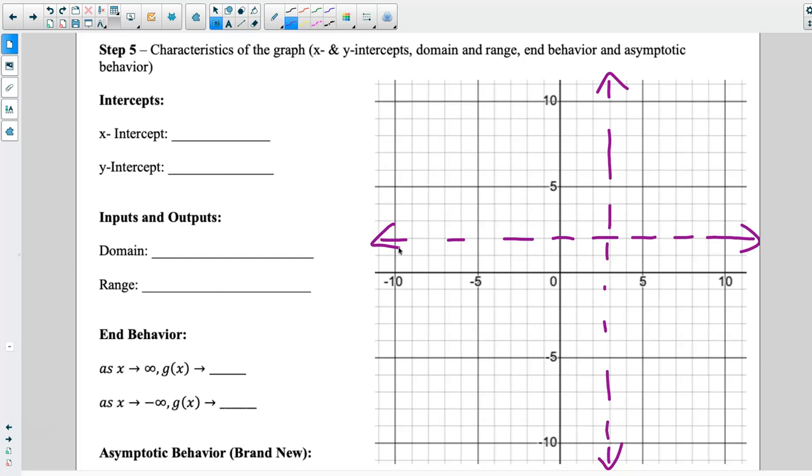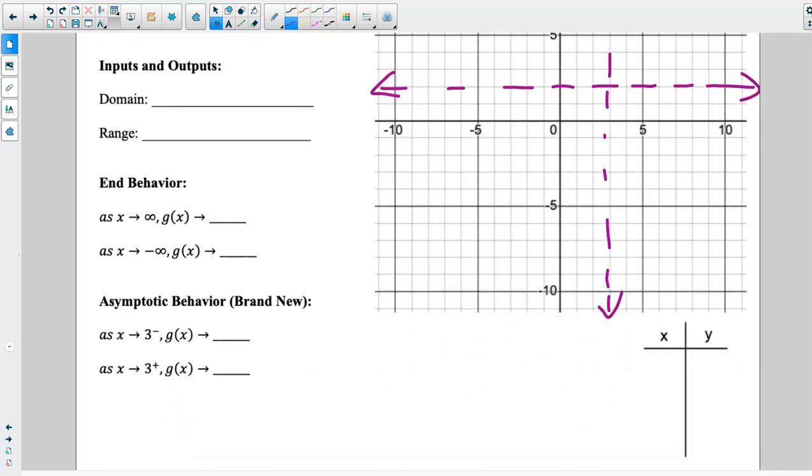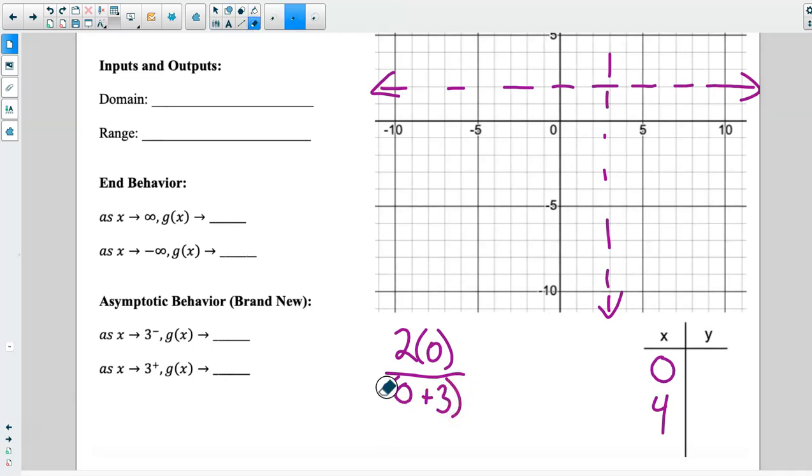Okay, left, right. Pick 2 points. What do we want to choose on the left? 0 it is. Choose 0. What do we want on the right? 4 it is. Find those two. Plug 0 and plug 4 into both of those. I'm showing one of them, not both of them, because you can do the other one.